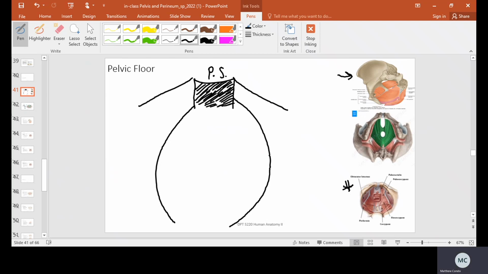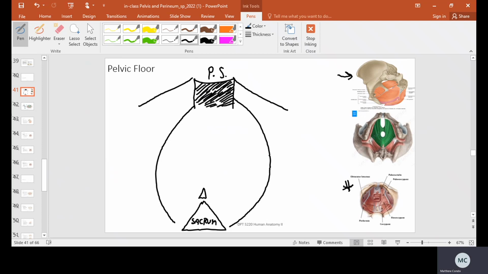Down here at the very bottom, I'm going to draw a triangle. That triangle is going to represent my sacrum. And then I'm going to draw another little triangle on top of it, and that's going to represent my coccyx.